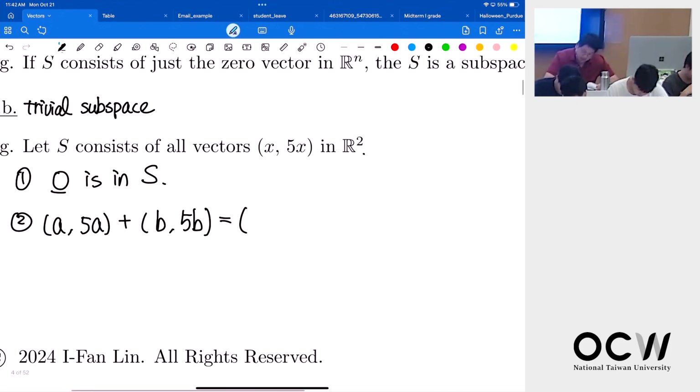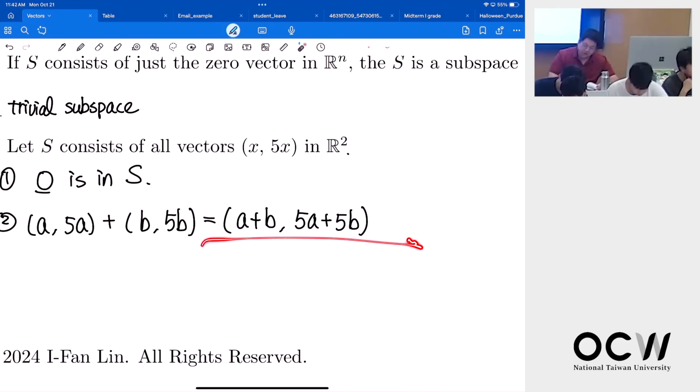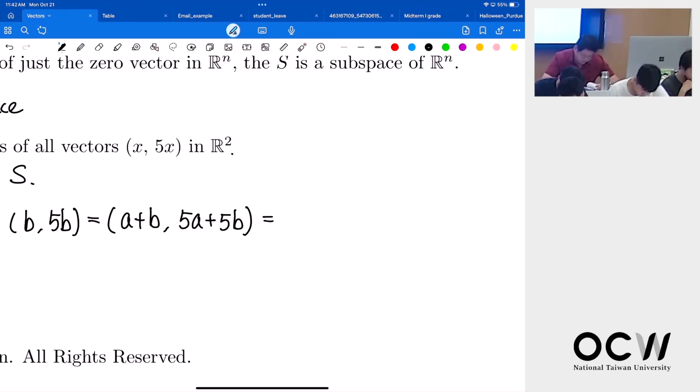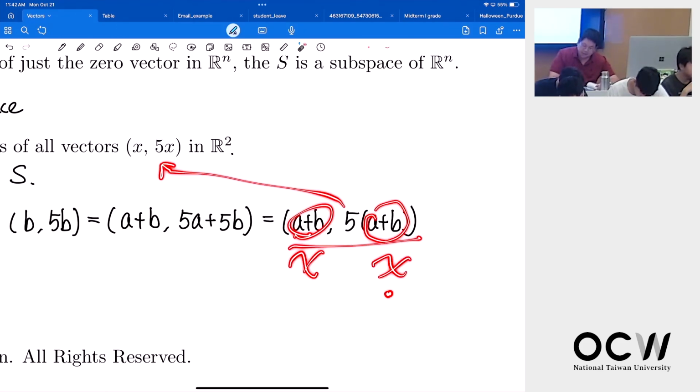Then what is the result? A plus B, 5A plus 5B. Is this vector also in S? Yes? No? You see that this should be A plus B and 5 times A plus B. In that case, you can see that this is like X. So it is in S.